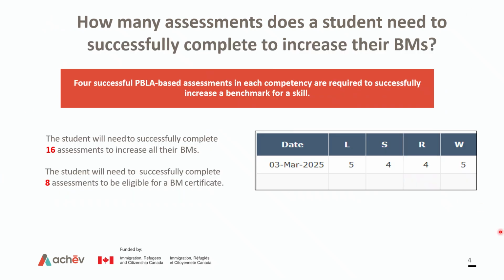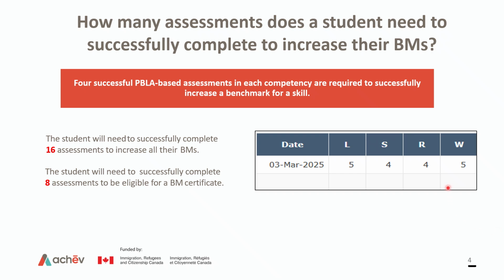How many assessments does the student need to successfully complete to increase their benchmarks? A student will need to complete 4 successful PBLA-based assessments in each competency in order for the instructor to increase a benchmark for a skill.